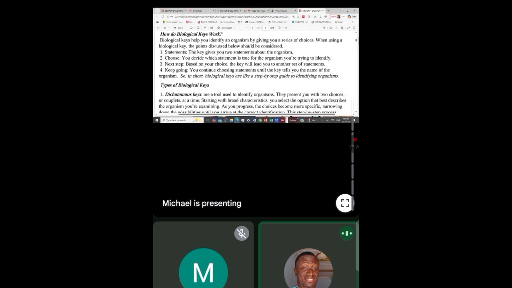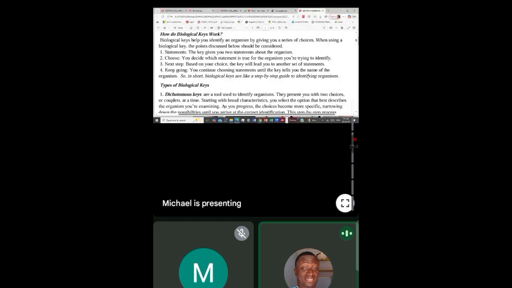Then we know we are moving to the carnivore area instead of the herbivores. So when you get the first one, there's another statement that follows it that will also lead you to scale down to the particular organism we are talking about. You keep on going, you read the last statement, and that will help you to reach home, to reach the organism we are trying to talk about.